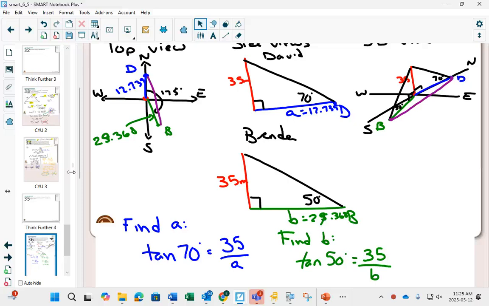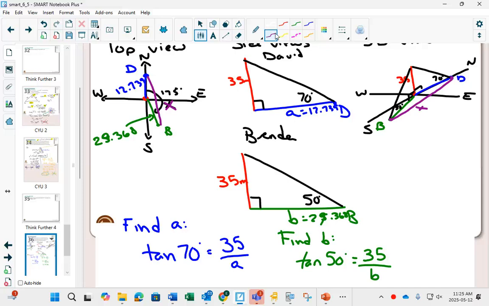So now looking at my top view, in this top view triangle, I have three pieces of information. I have the 175 degrees, I have the green side and the blue side, so I can put, I'll use purple. There we go, X, right? Because this is what we wanted to find, how long it was from Brenda to David.